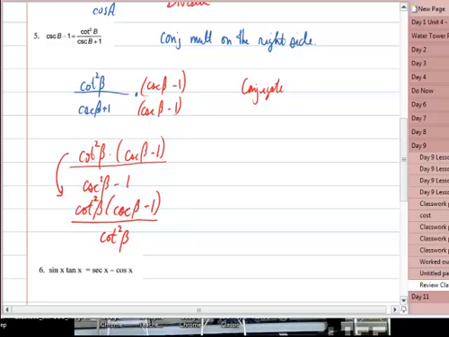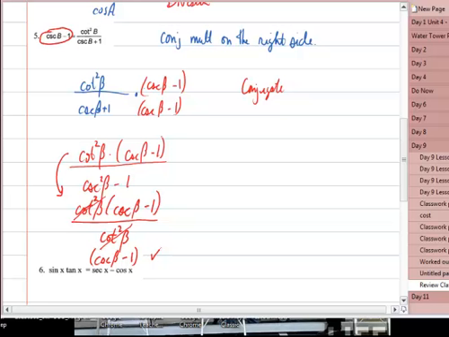So what you end up seeing is that by division property, this cancels with this, and we have arrived at what our goal was, to prove that the right hand side equals cosecant of beta minus 1.